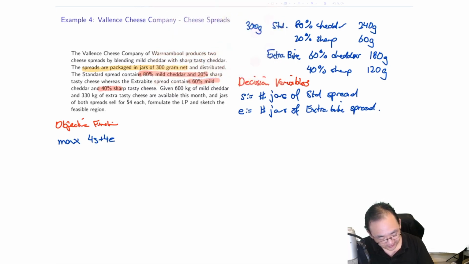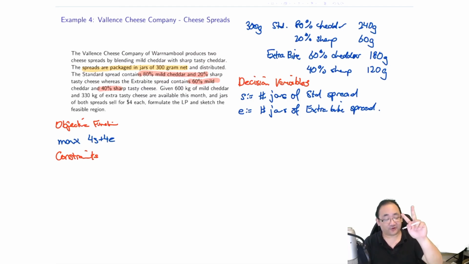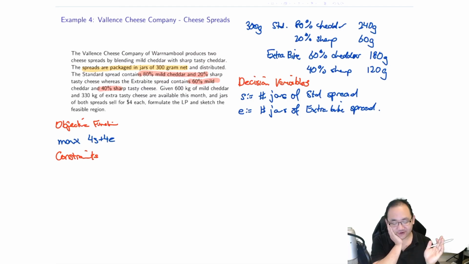And then for the constraints, it looks like we're going to have two constraints because we've got two ingredients, and both of these ingredients have a capacity which is in kilograms, not grams. So you want to decide on what units you want to have your constraint in.